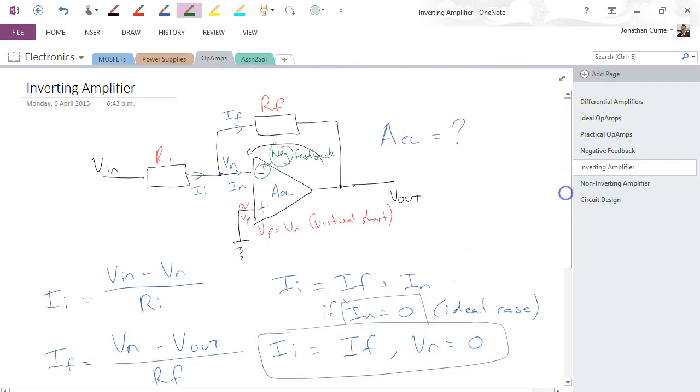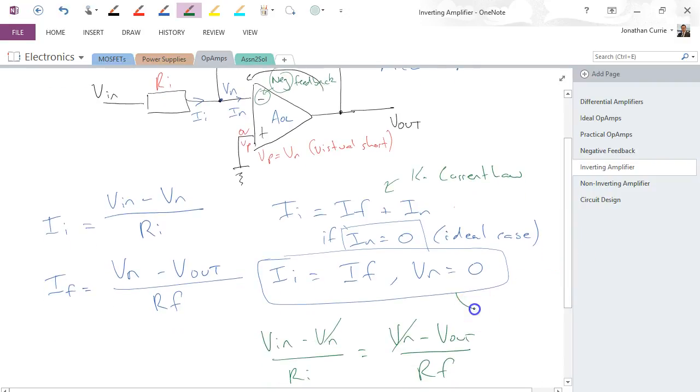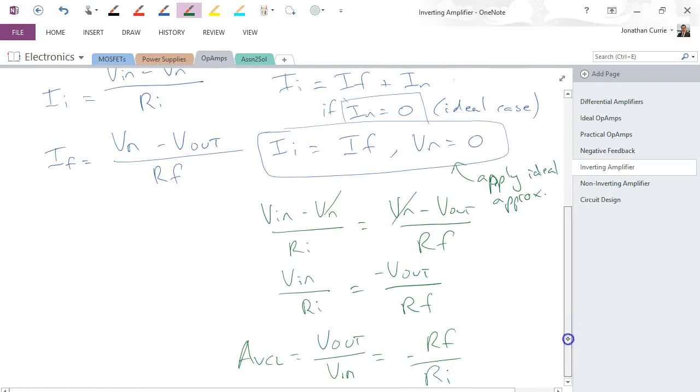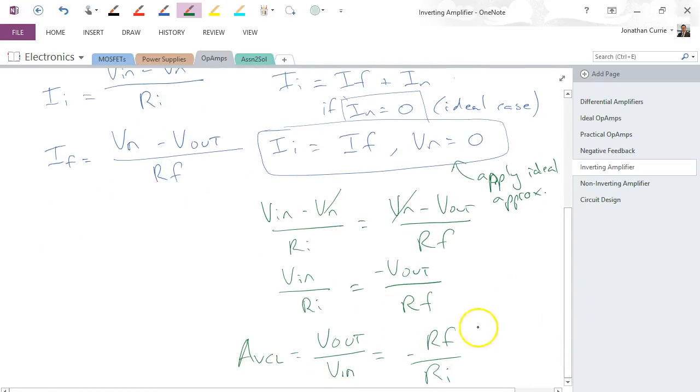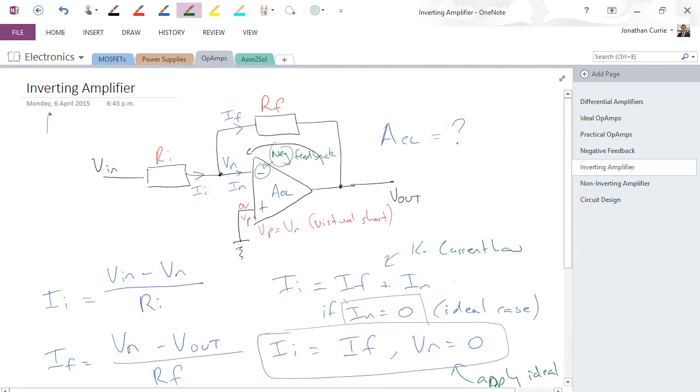So the analysis of our inverting amplifier is nothing more than looking at the currents through the resistors, taking into account Kirchhoff's current law, and applying the ideal approximations. Rearrange into a form for gain, and you'll come up with an expression based on the resistors that gives you the closed loop voltage gain for the inverting amplifier.